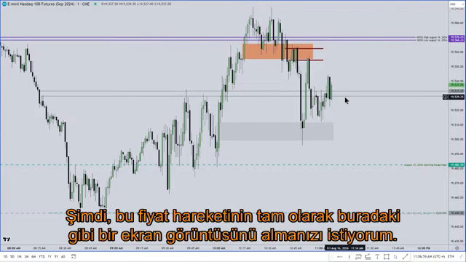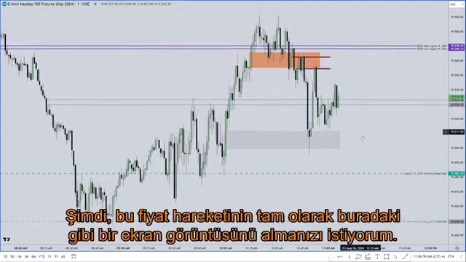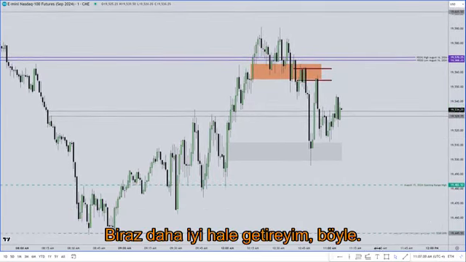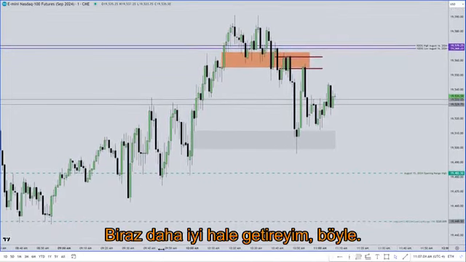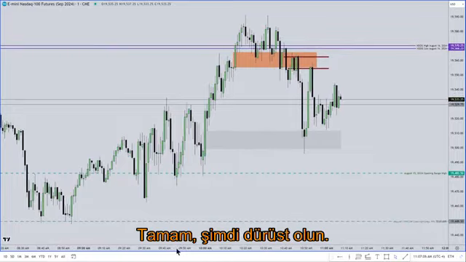Now I want you to think about, actually take a screenshot of this price action as it is right here. Let me make it a little bit better. Like that. Okay. Now, be honest.